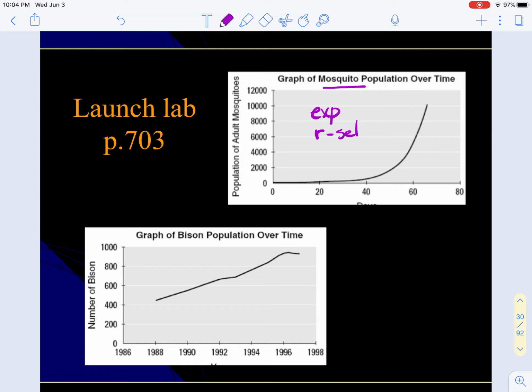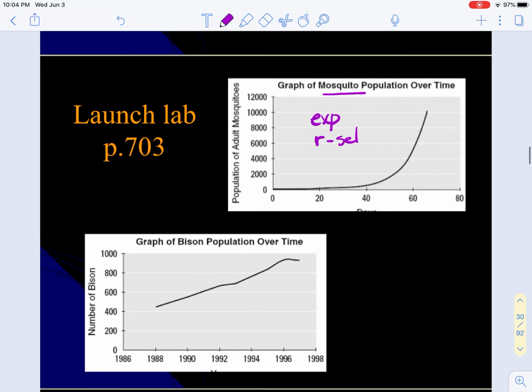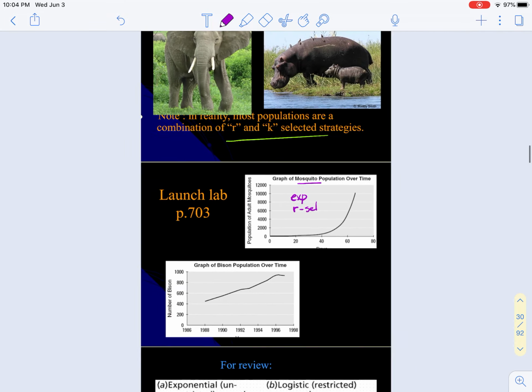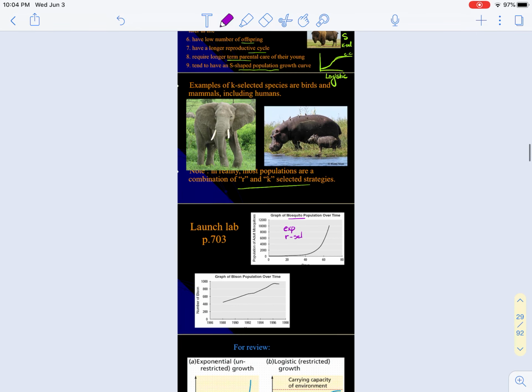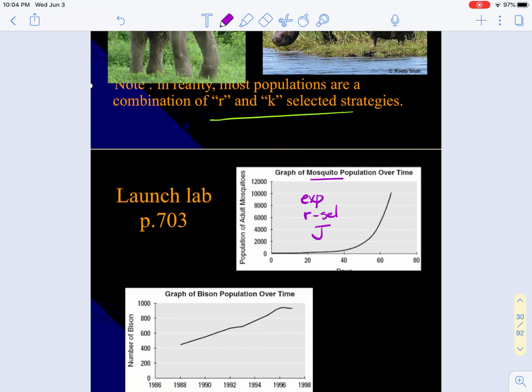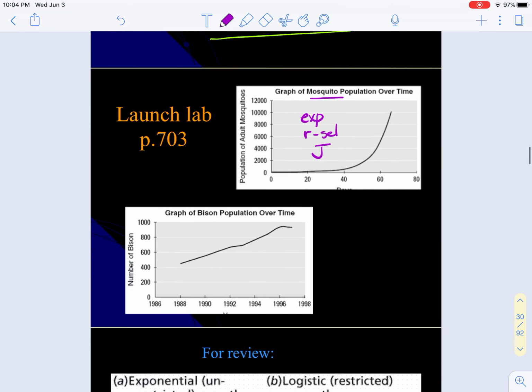We can see that this is an exponential growth pattern. This is R-selected mosquitoes, and we can say that this is always going to be the shape that would be called a J-shaped graph.